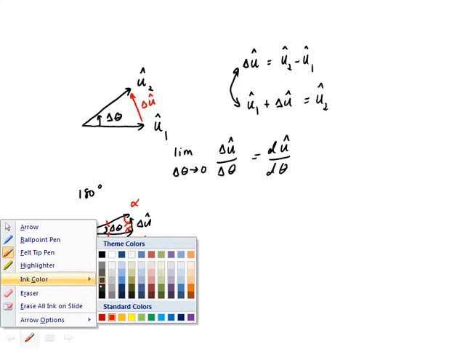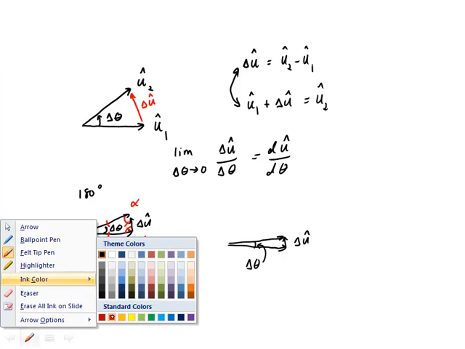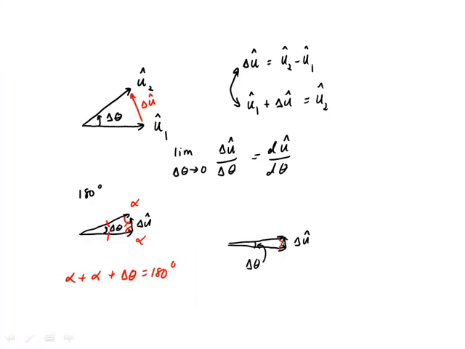All right? But now if you think about it, let's go to an even smaller delta theta. Here's delta u in this situation. Not the best drawing. Let me redraw that real quick. Here's delta u. Here's delta theta inside of here. And what do you notice about my angle alpha? This alpha and this alpha, well, they've gotten bigger.